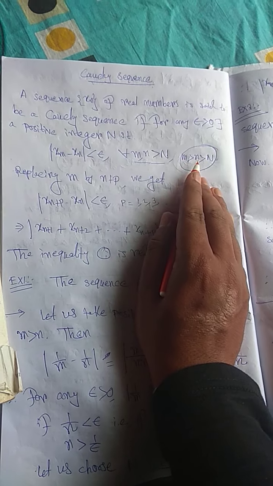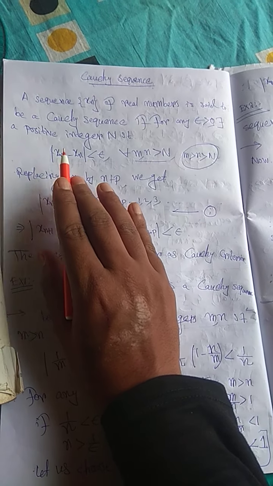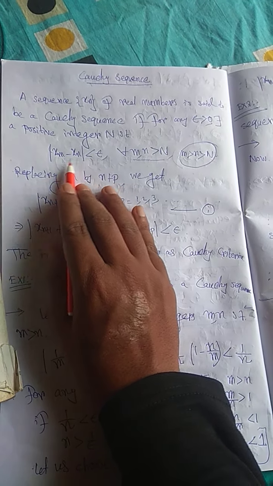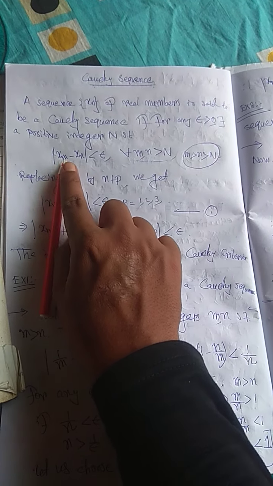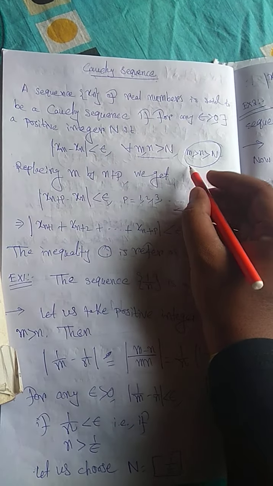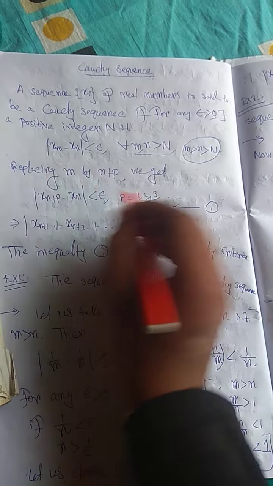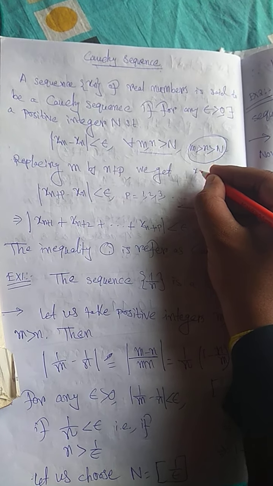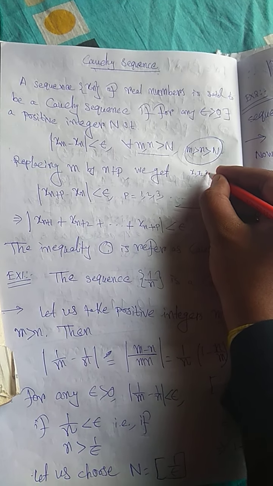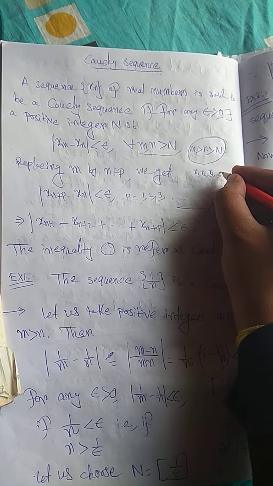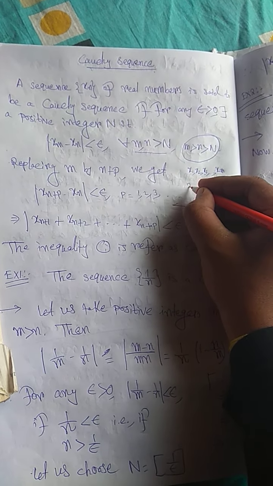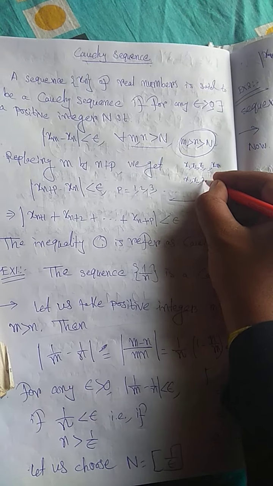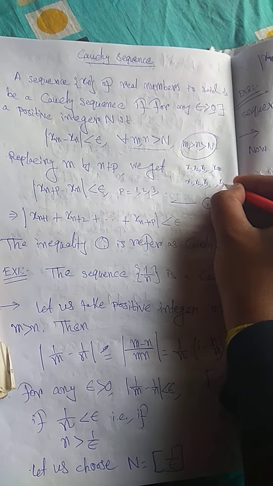So if m is greater than n, and I subtract xn from xm, then the first n terms will be deleted from the xm terms. Suppose we have x1, x2, x3, continuing this way up to xm, and x1, x2, x3, continuing this way up to xn.